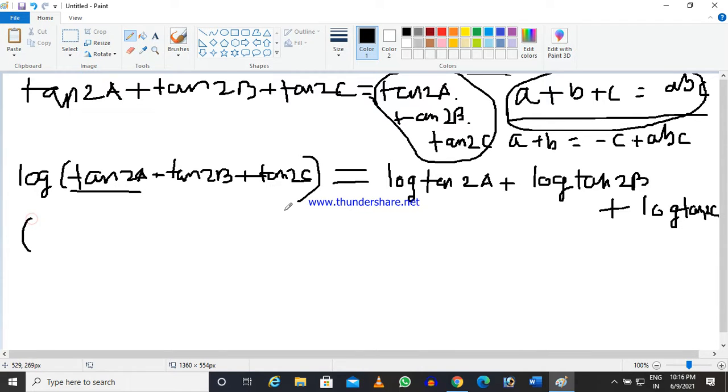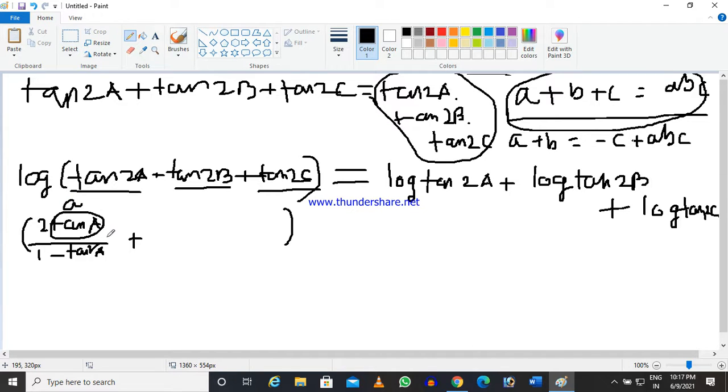Okay, now if you expand the individual terms, tan 2a means 2 tan a divided by 1 minus tan squared a. Similarly, tan 2b means 2 tan b by 1 minus tan squared b. Tan 2c is equal to 2 tan c by 1 minus tan squared c. What is tan a? Already we know that it is small a.